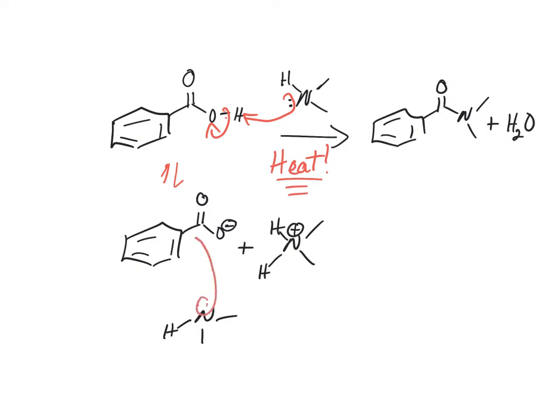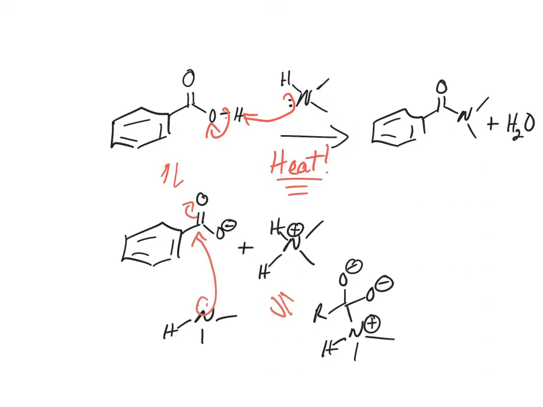And again, I didn't ask you guys to know this mechanism, but here it is, just so you can at least see it. It actually looks similar to one you've done with the alkyl lithium. We did this, right?